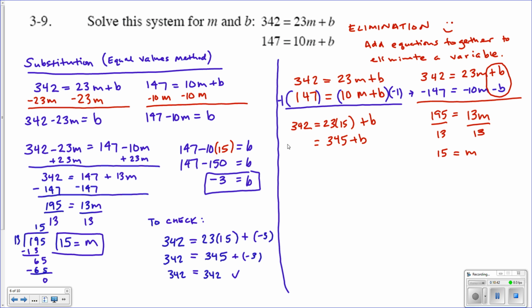And that equals 342. Subtract it from each side, and you see here, again, this works out. Because we end up with -3 equals b.